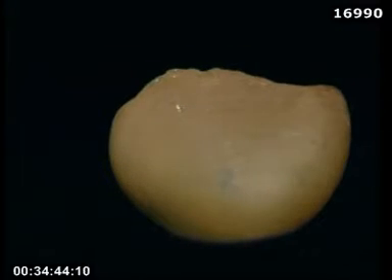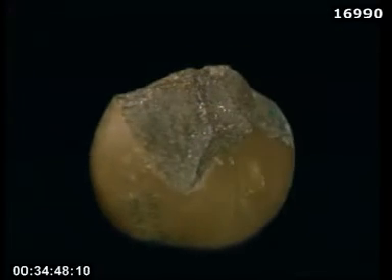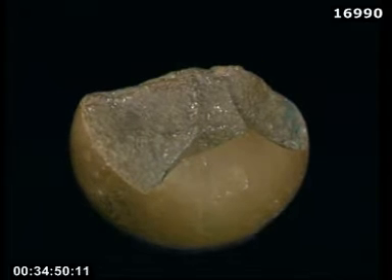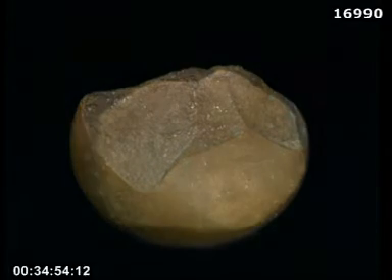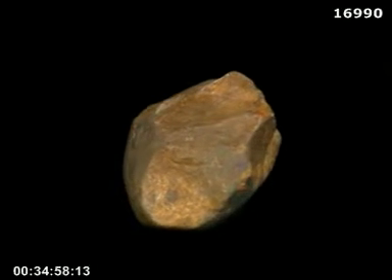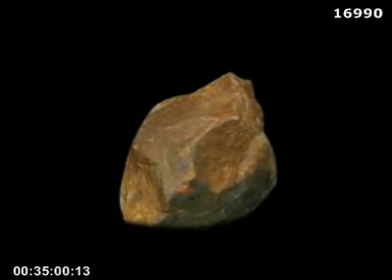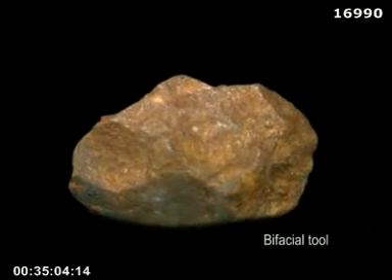If the stone has facets removed from only one surface of the cutting edge, it is called a unifacial tool. And when facets are present on both the surfaces of the cutting edge, it is called a bifacial tool.